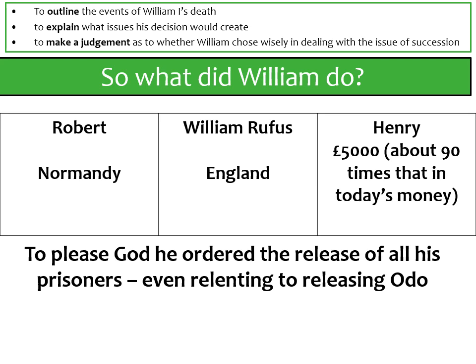Morcar, that Anglo-Saxon thorn in William's side in the first few years of his reign, around 1066 to 1070, is released as well. The one exception that William said at the very start was Odo of Bayeux, his half-brother. He said he cannot be released. But after some pleading by those around him on his deathbed, William relented and said that even Odo of Bayeux would be released.